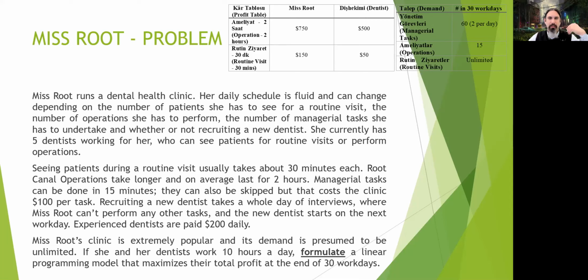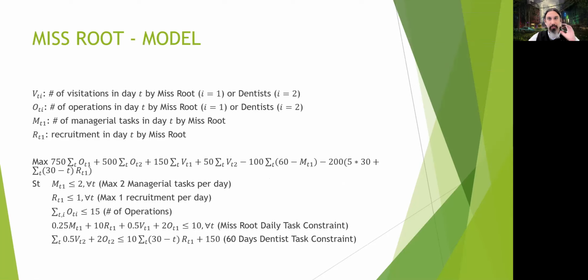And if you skip those managerial tasks, you cannot do them later on, so it has to be done that day anyway. So when you think about it, at least from my perspective, as I said, you can find a different solution as long as it works and it's logical. These are our decision variables.